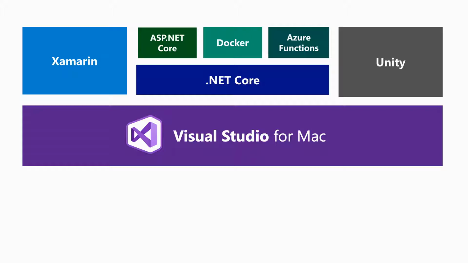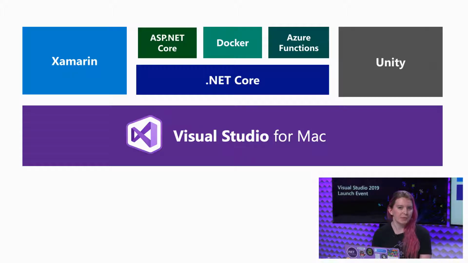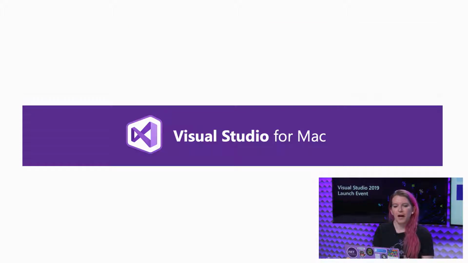And if you're doing games with Unity, it also has integrated support for debugging those. And all of the Unity-specific code completion and that kind of thing. But I'm not going to be talking so much about the individual scenarios today. I know you've heard about a lot of those earlier. If you missed those, they're recorded. You can go back and see them. I will be focusing on VS for Mac itself.